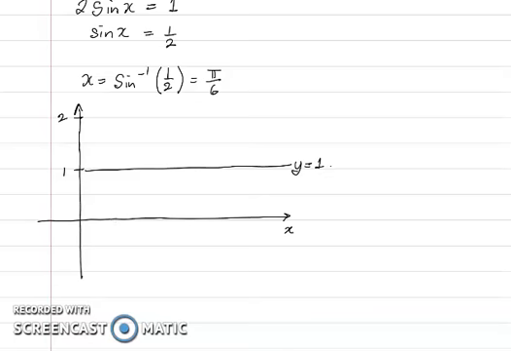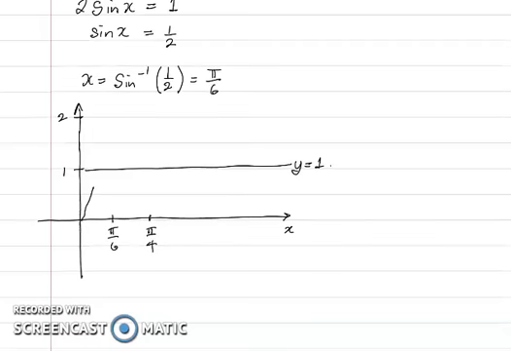Let's say this is pi by 6 and this is pi by 4. I have to bear in mind that the two graphs intersect at x is equal to pi by 6. Now our graph is going to look something like this.